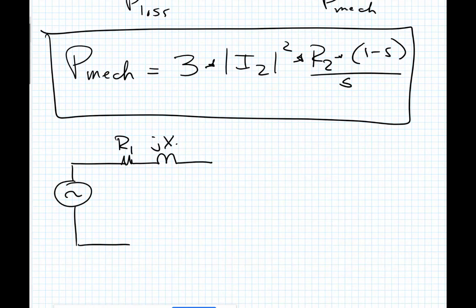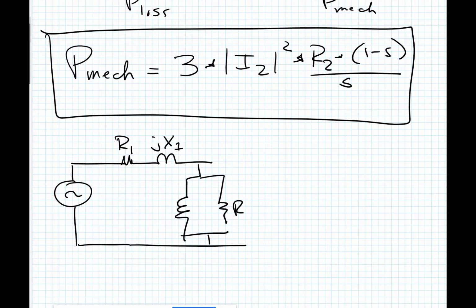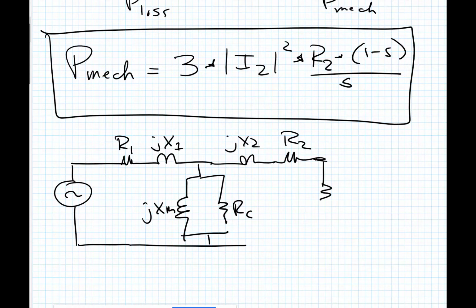R1, jX1, your core loss here, jX2. Now I can put my resistance of the losses broken out. This is a variable resistor with load. This is R2 (1 minus S) over S.